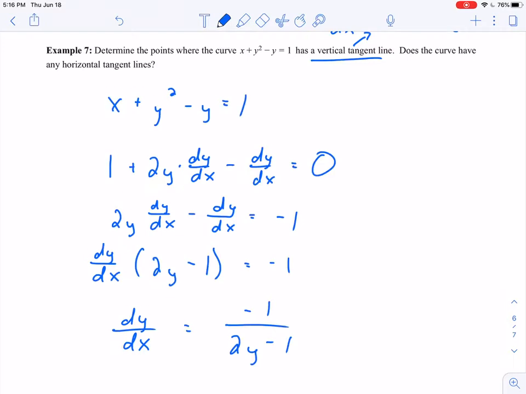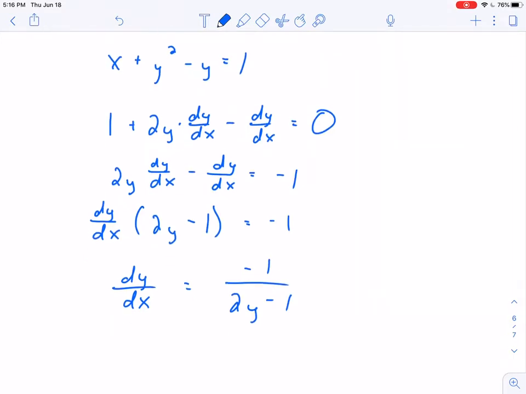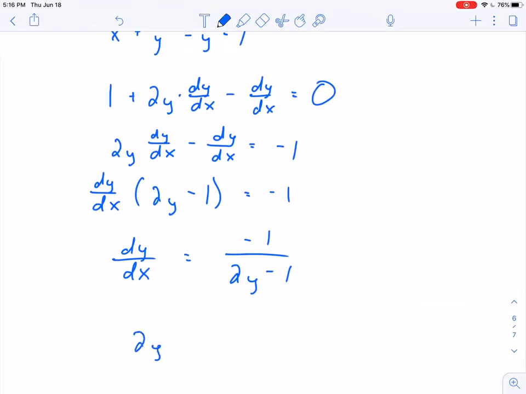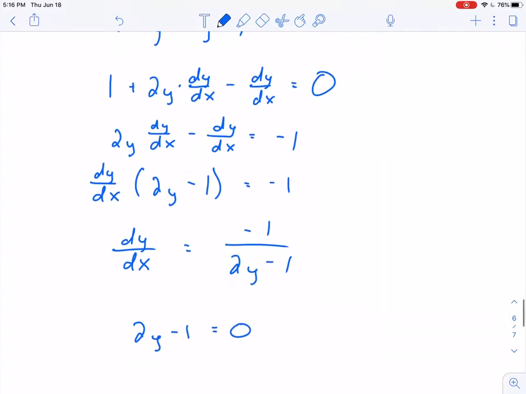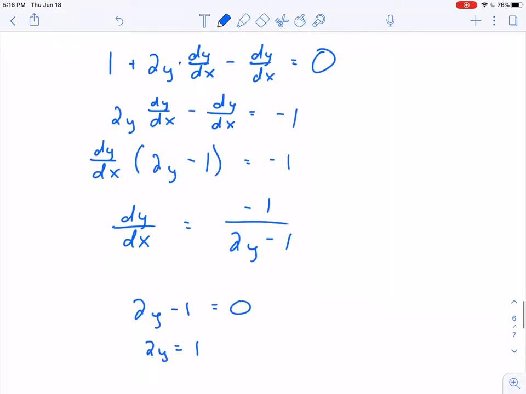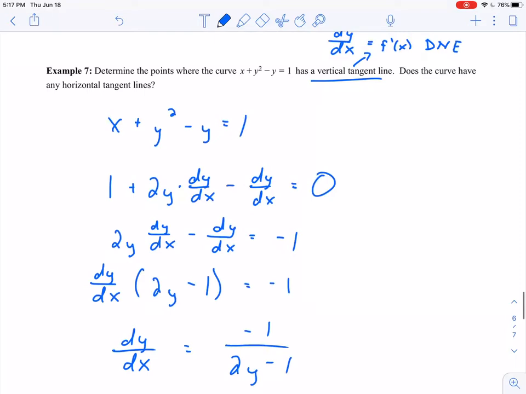So I'm going to take just my denominator, 2y minus 1, and set that equal to 0. We can solve for y. So 2y equals 1 and y equals 1/2. Here is my y value, but I also need to find the x value that corresponds to that. So I will have to plug it back into the function that we started with. Let's do that in red here.